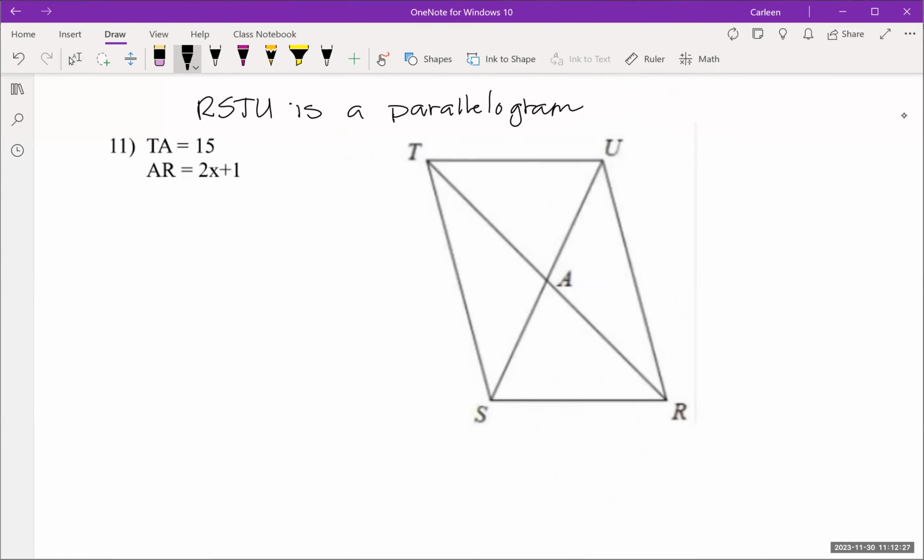If we were to look at the list, we would see, okay, so TA is 15 and AR is 2x plus 1. If we were to look at that list, we would see that diagonals of a parallelogram bisect each other.